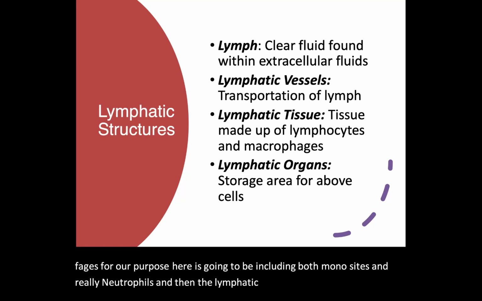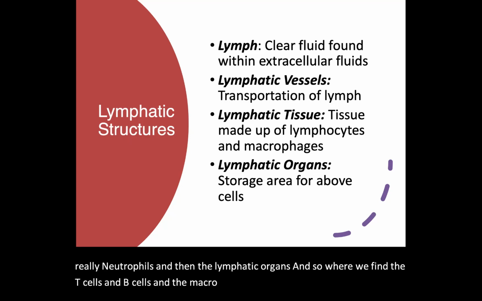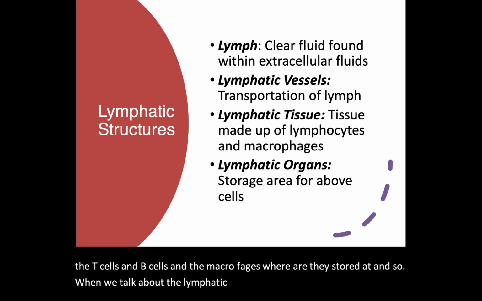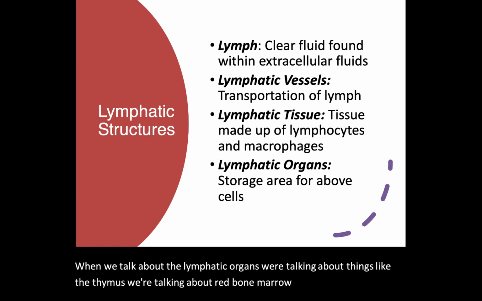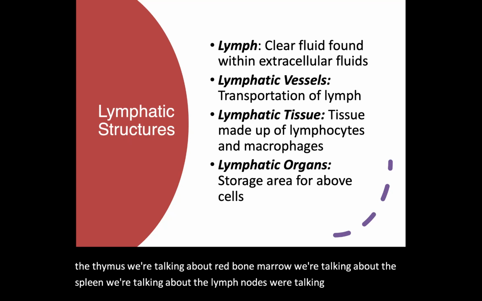And so where we find the T cells and the B cells and the macrophages, where are they stored? When we talk about the lymphatic organs, we're talking about things like the thymus, red bone marrow, the spleen, the lymph nodes, and MALT. M-A-L-T.